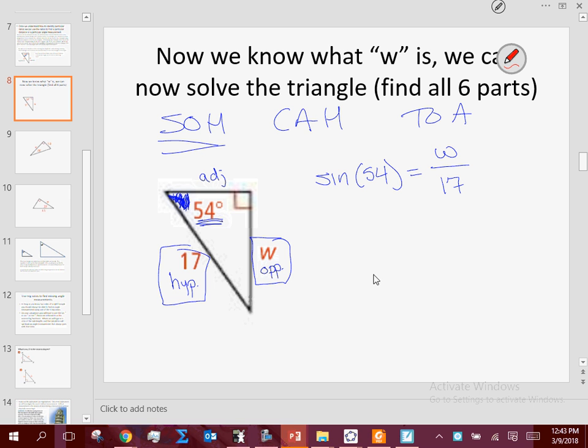Okay. Now what I want you guys to know is kind of the logic that we go through here to solve this. If I was dealing with sine of 54, because we know sine of 54, see here, sine 54.